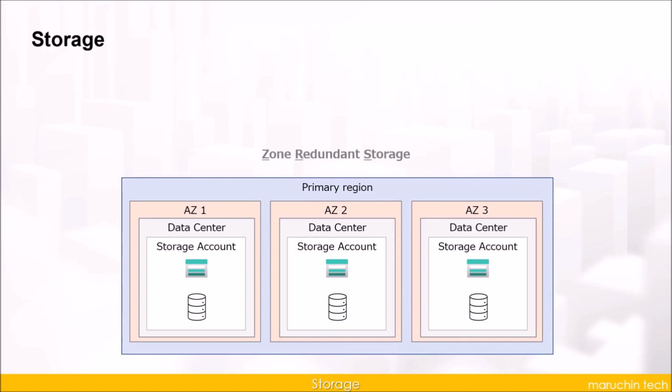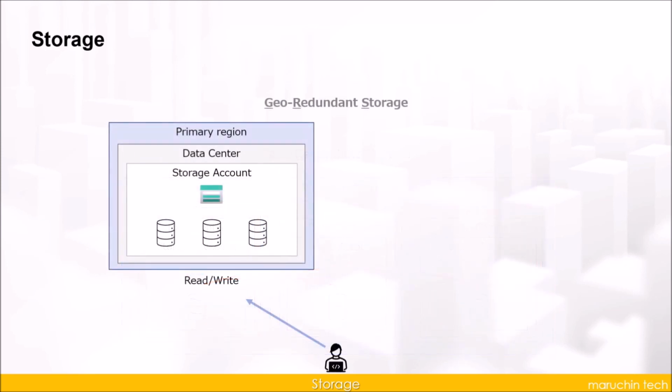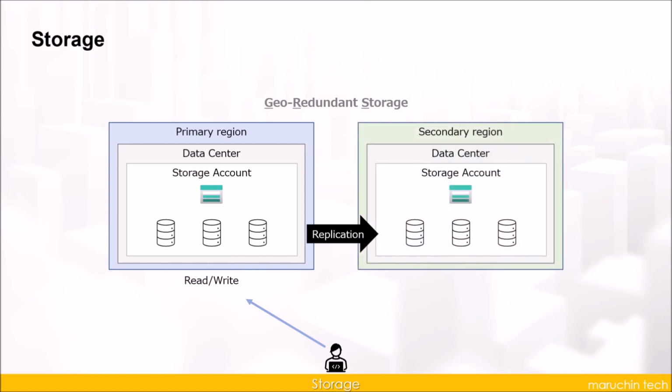Zone-redundant storage, or ZRS, replicates your storage account synchronously across the 3 availability zones in the primary region. Each availability zone is a separate physical location with an independent power source. With GRS, or geo-redundant storage, your data is replicated in a secondary geographic location that is far away from the primary location.